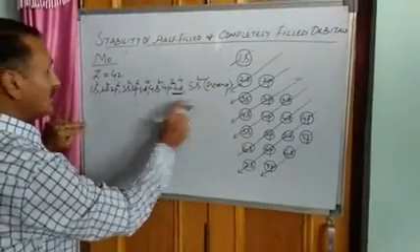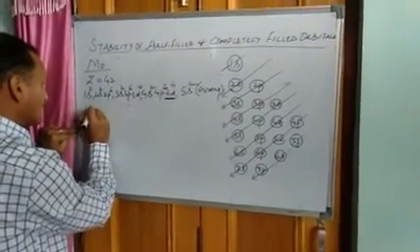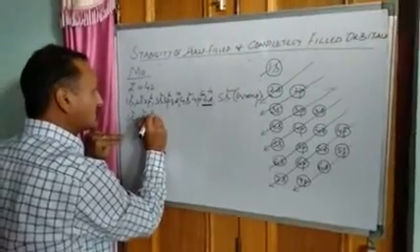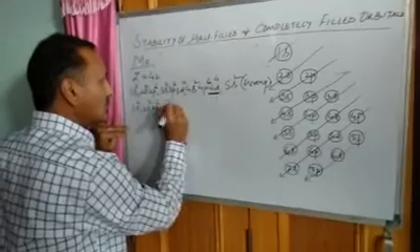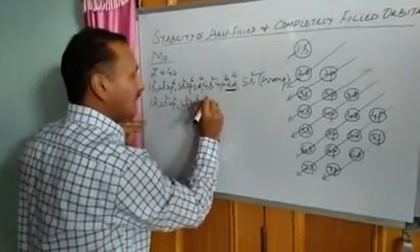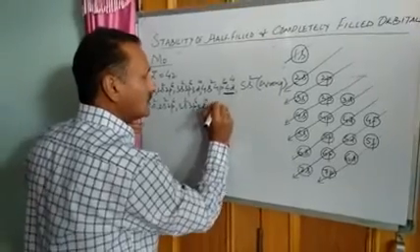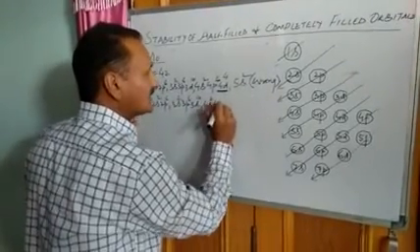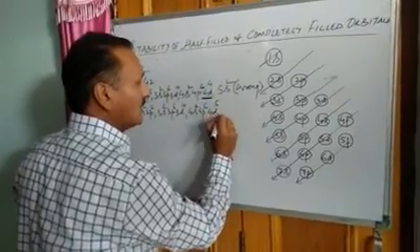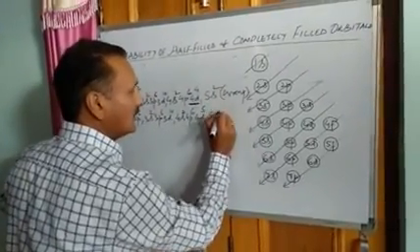So its right electronic configuration is 1s2, 2s2, 2p6, 3s2, 3p6, 3d10, 4s2, 4p6, 4d5, not 4. And here I shall get only 1.